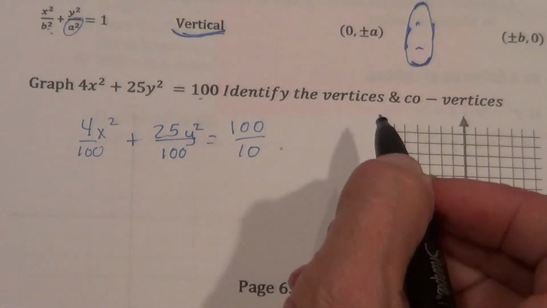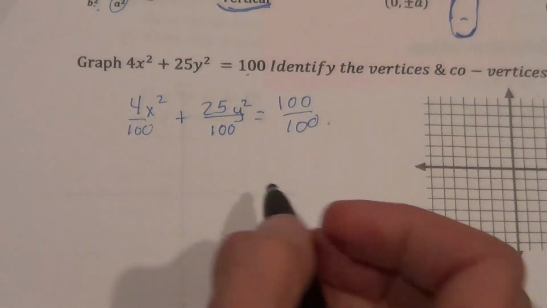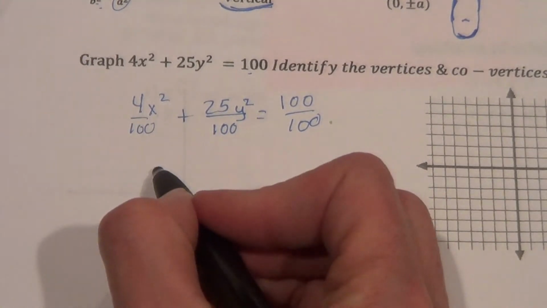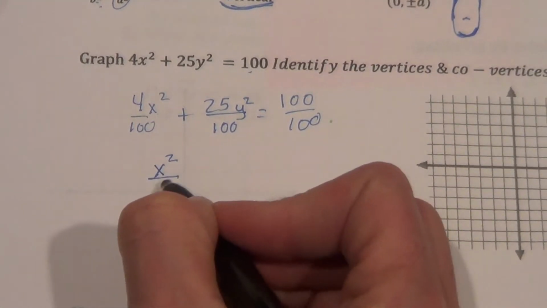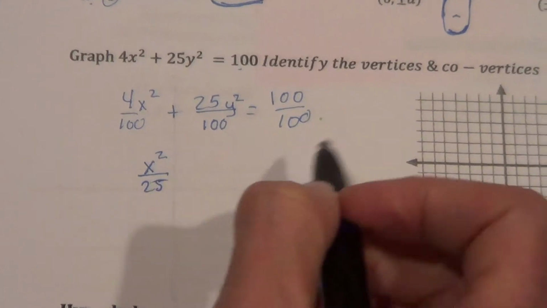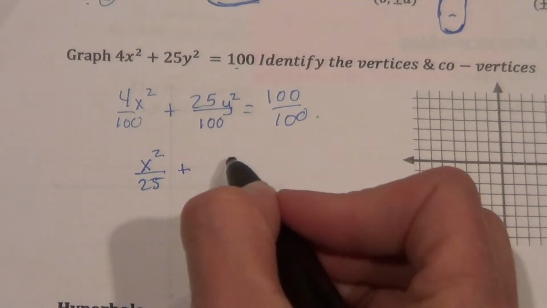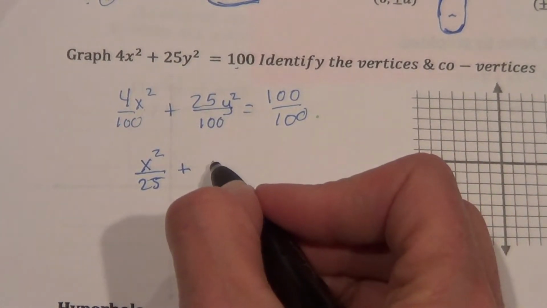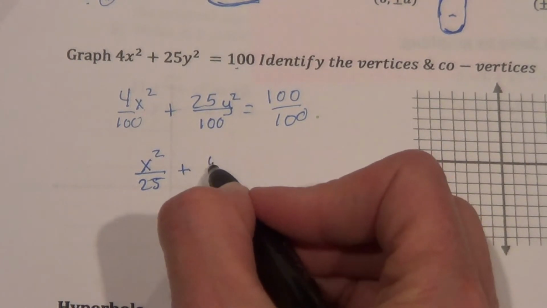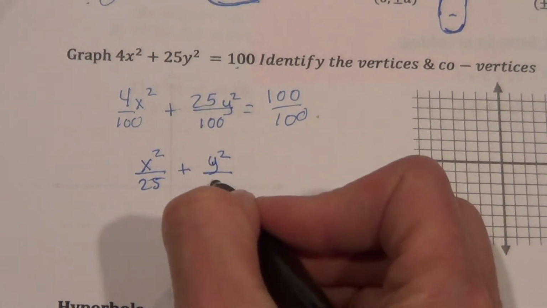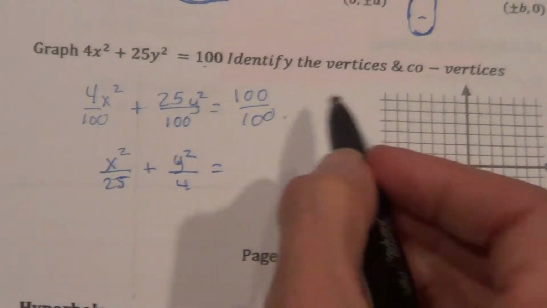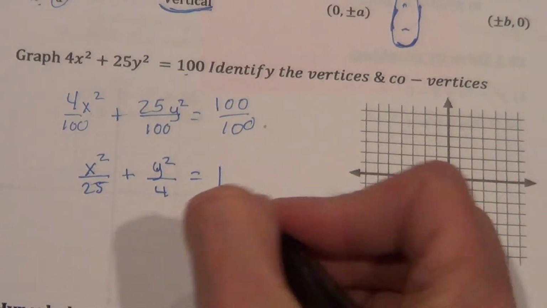And now, when we reduce that, 4 goes into 100 25 times, so x squared over 25 plus 25 goes into 100 4 times, so y squared over 4 equals 100 over 100 is 1.